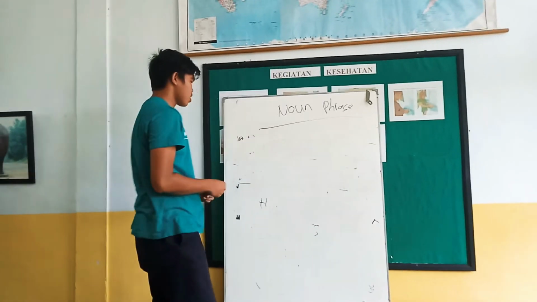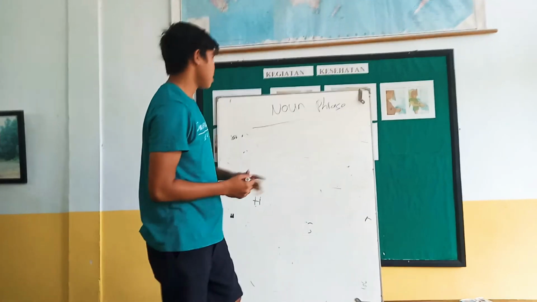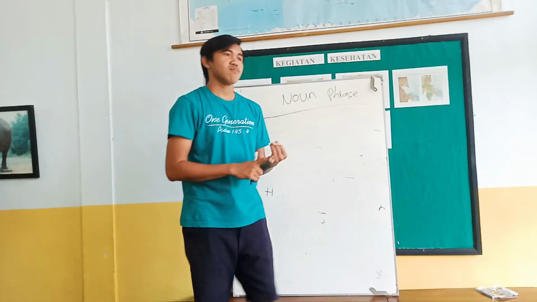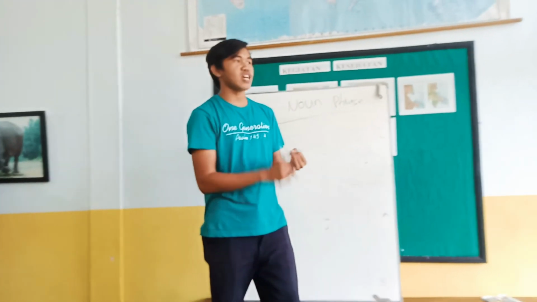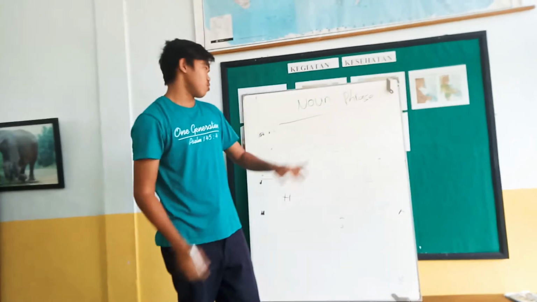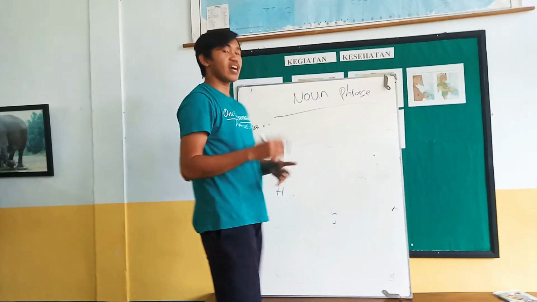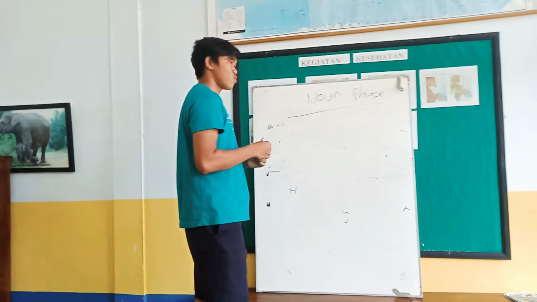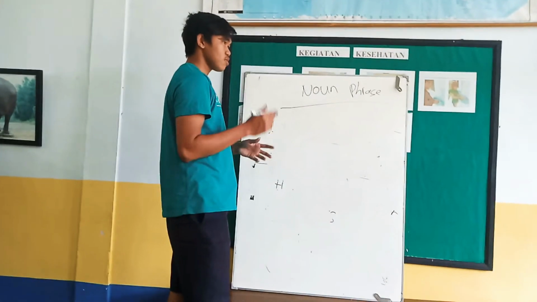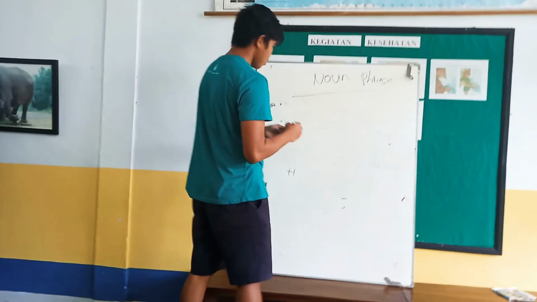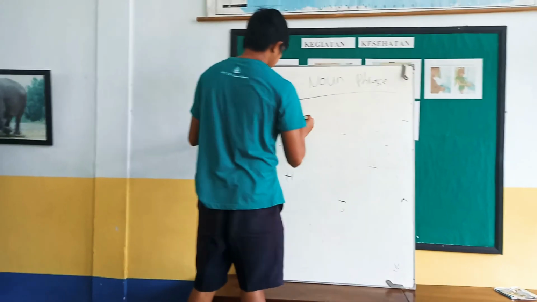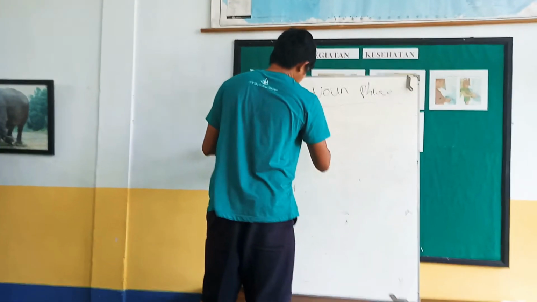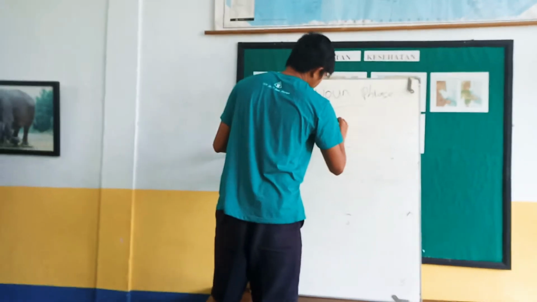So next, we continue to the noun phrase using an adverb. An adverb can be an adverb of manner, adverb of time, adverb of place, and others. The formula to make a noun phrase using an adverb is adverb plus noun.